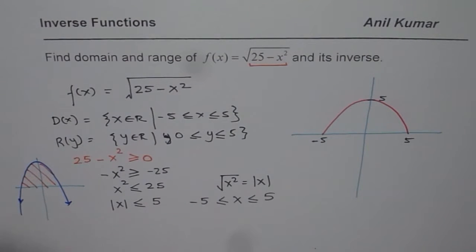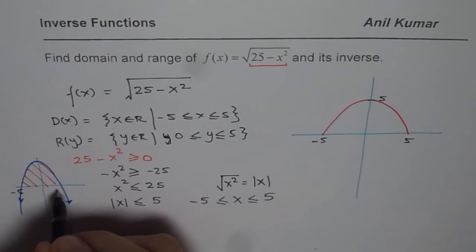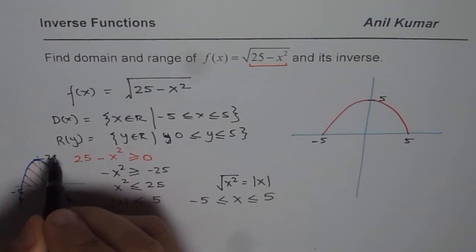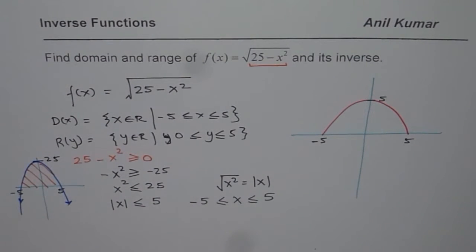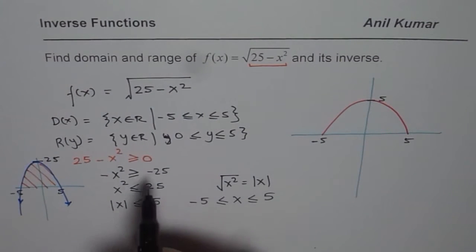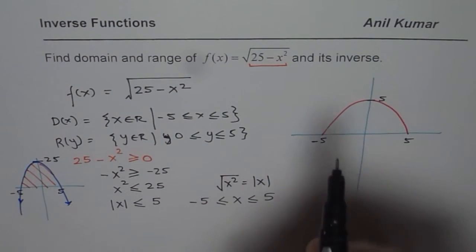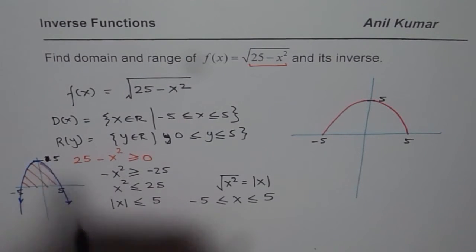I'm just telling you different ways of doing it, because many students have access to my videos on YouTube especially, and they all follow different methods. So this is 25, so it's opening downwards from 25, correct? So domain is very clear for us, and the range we know is between 0 to, I'm sorry, this should be 5, okay?